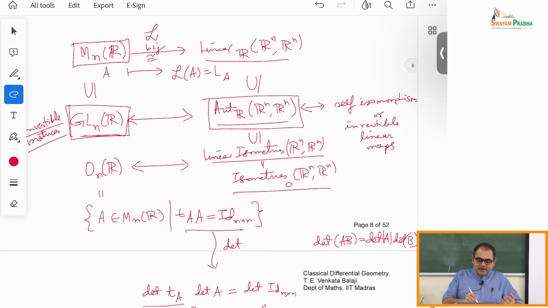Inside the matrices you have the invertible matrices, which is called the general linear group, GLN, and inside the general linear group you have the orthogonal group. And the beauty is that for orthogonal matrices, determinant will always be plus or minus 1. Whereas if you take a general linear group element, a general invertible matrix, determinant will be only a non-zero quantity. It need not be plus or minus 1. It will be not 0, so it will be a plus or a minus of a positive real number.